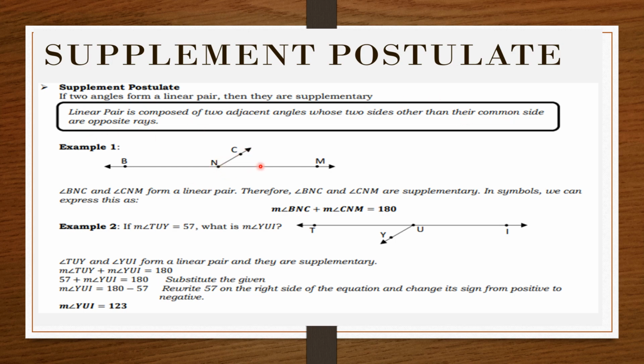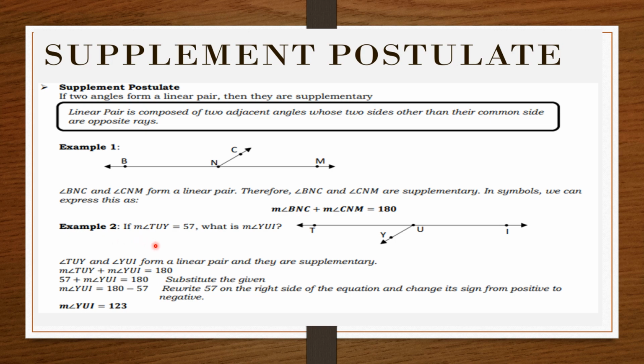Here, angle BNC and angle CNM are a linear pair. Therefore, angle BNC and angle CNM are supplementary. In symbols, measure of angle BNC plus measure of angle CNM equals 180 degrees.